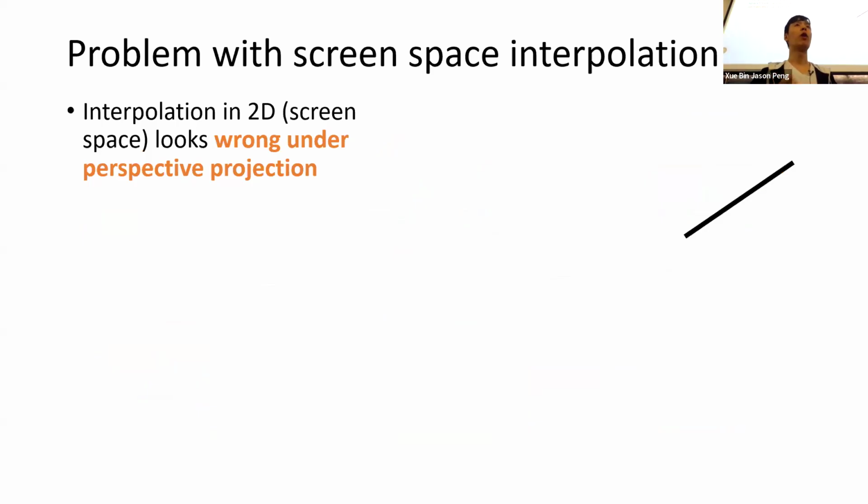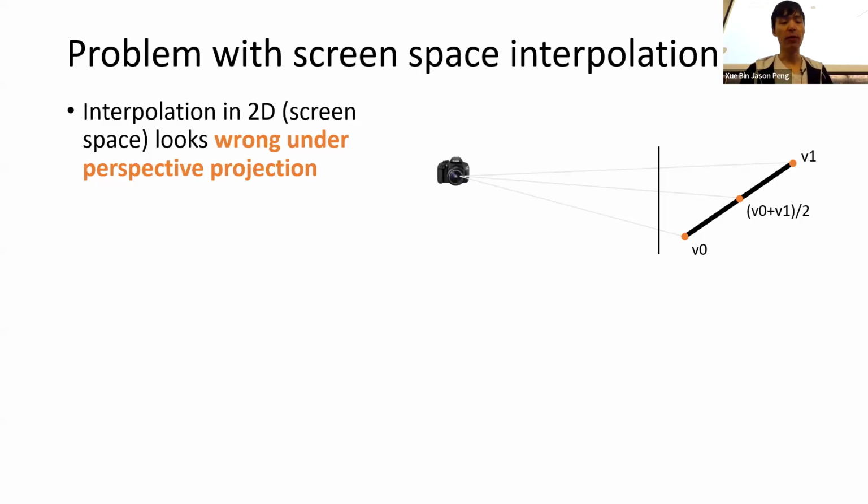And one of the problems that we'll encounter when applying texture sampling at this particular stage of the pipeline is that if we perform interpolation in the 2D image coordinates, we might not get the correct result as if we perform the original interpolation in 3D coordinates. So for example, let's say I have this line in 3D space, and I've projected this line onto a 2D image.